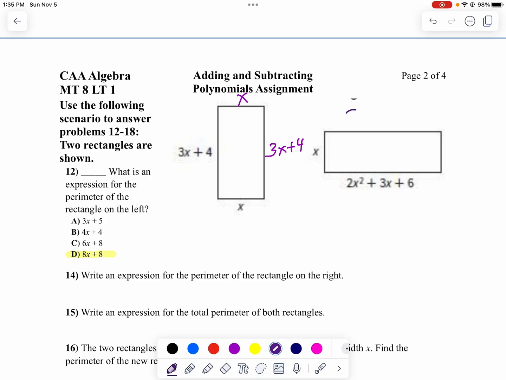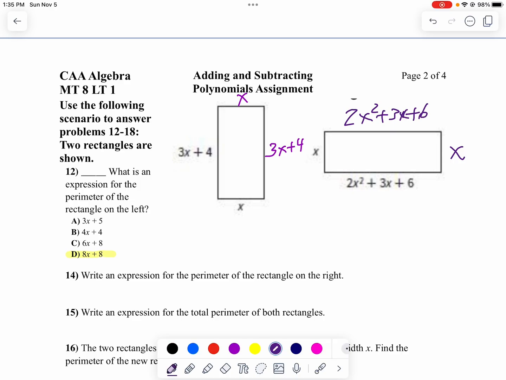We know 2x squared plus 3x plus 6 is going to go over on the right, and we'll have x and x. So if we add up our squares, notice we're going to get 4x squared.